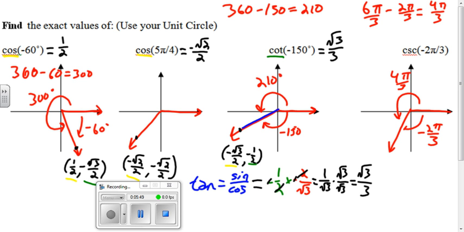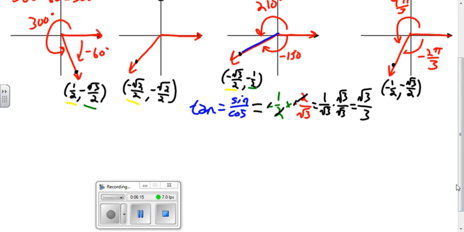And 4 pi over 3, the value that it gives us at the point, or our coordinates, is going to be negative 1/2, negative root 3 over 2. Remember, cosecant matches up with sine. It is the inverse of our sine function. So the cosecant of negative 2 pi over 3 is actually going to be just this piece, reciprocal.